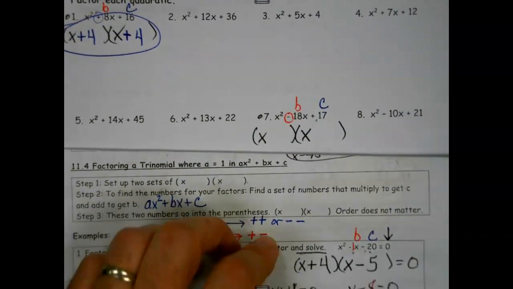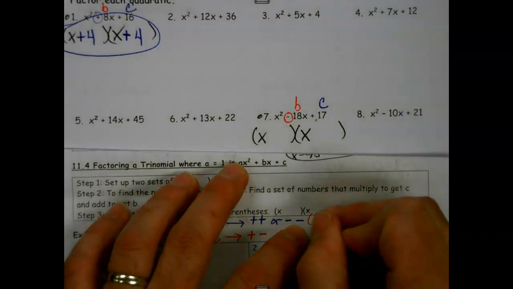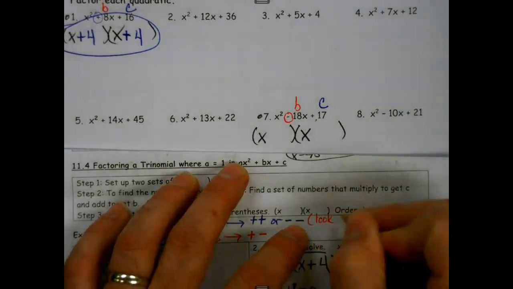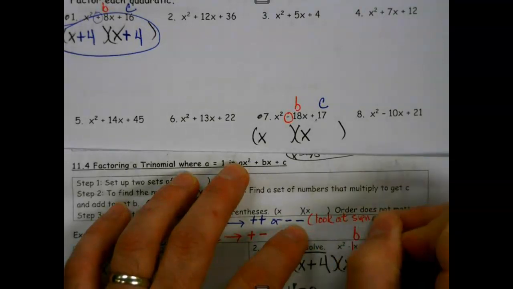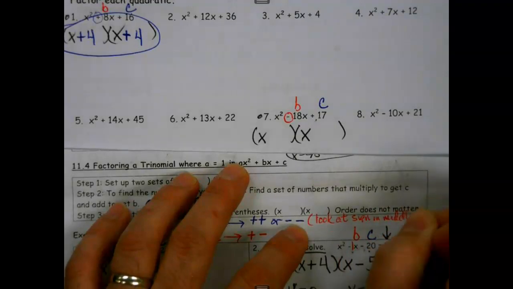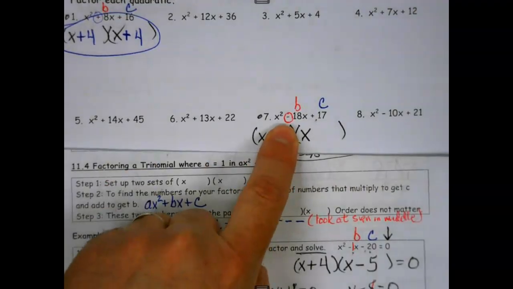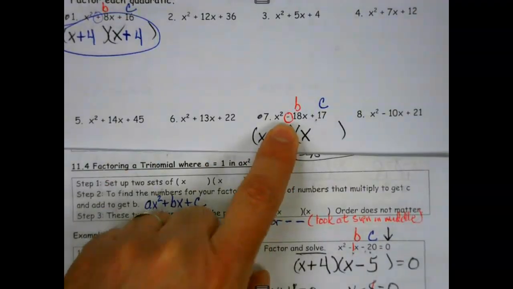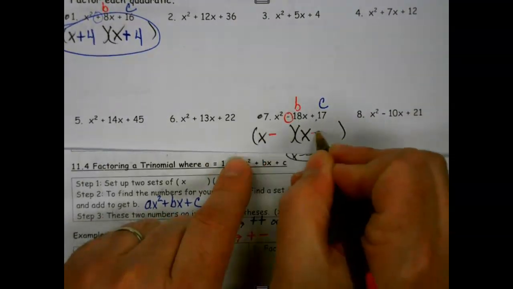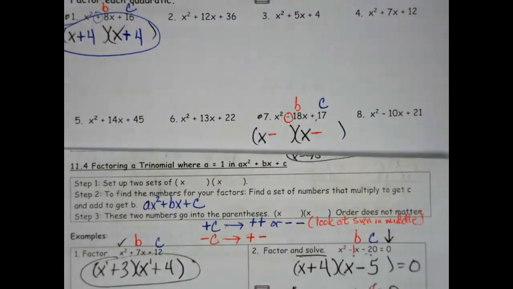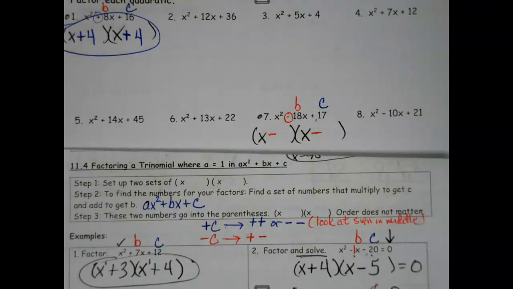Actually, I'm going to do something here. I'm going to write us a note. Look at sign in the middle. Because here, since that's a minus or a negative in the middle, these are both going to be negative. You're like, now wait a minute, Hardy.